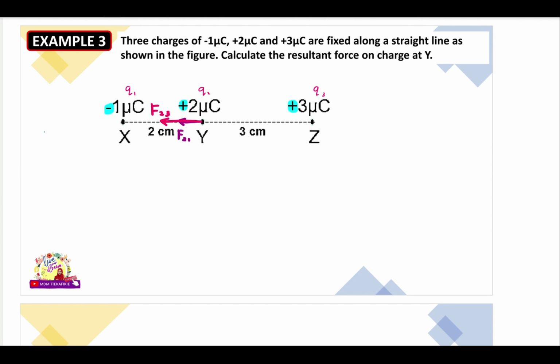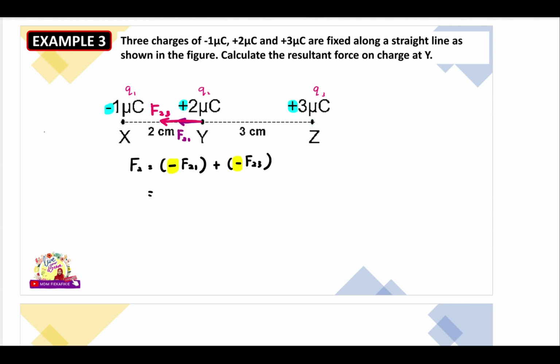Okay. So, kita nak kira resultant force. So, on charge 2, so saya akan tulis F2. Okay? On charge 2, disebabkan kedua-duanya ke kiri, so saya akan tulis negatif based on the direction. F21 plus negatif F23. Okay? So, negatif, negatif.